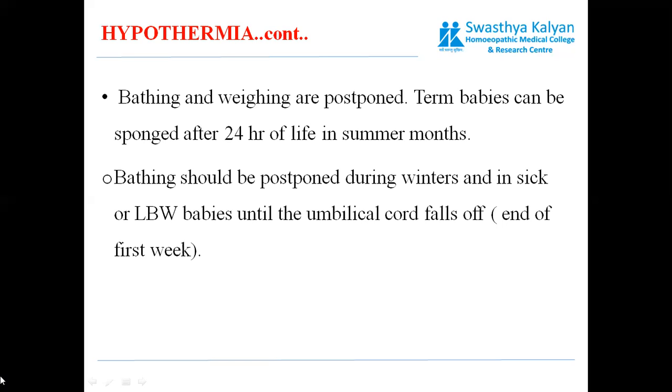Then we have to dress the baby in multiple layers of warm and light clothes, because this provides better thermal protection than a single layer of heavy woolen clothing.